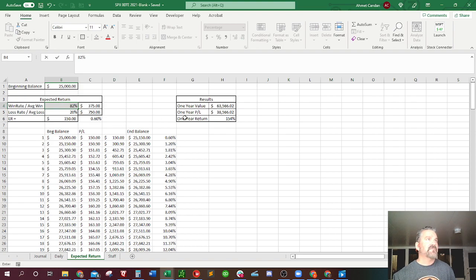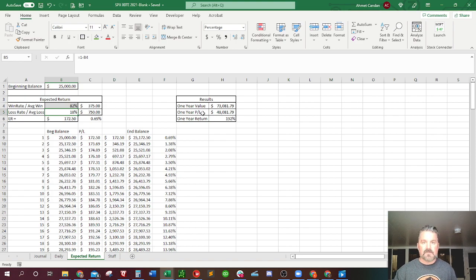Watch what this 154 does. 192%. Just by increasing my win rate by 2%, I didn't change anything regarding my risk reward at all.